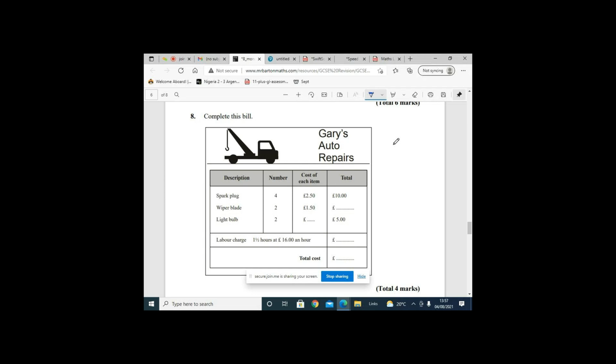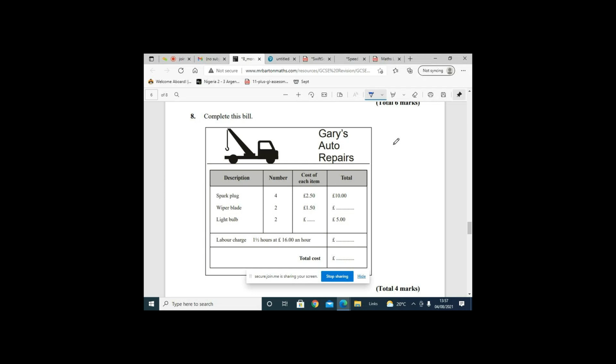The other one is £2.50. And then you now find the labor charge.